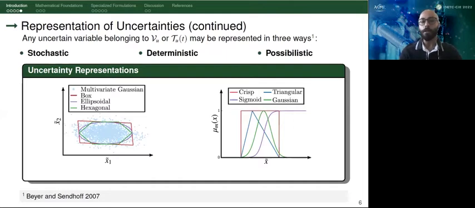For any possibilistic or fuzzy set, there is a membership function that assigns a continuum grade of membership to different elements. So for example, instead of having only values of zeros for non-members and ones for all members, we can have values in between. And you can see this illustration on the right, where we have triangular, sigmoid, and Gaussian membership functions associated with fuzzy sets.